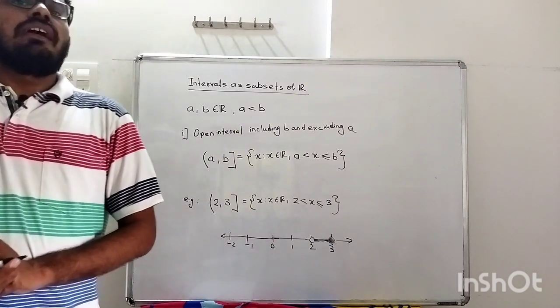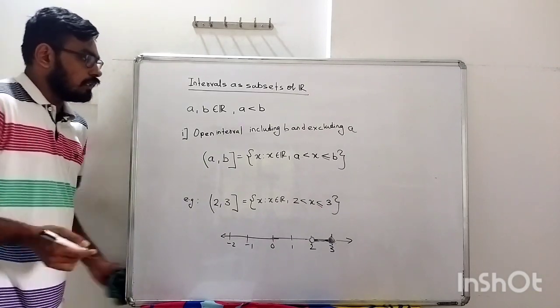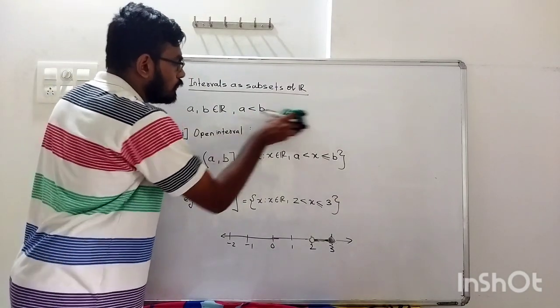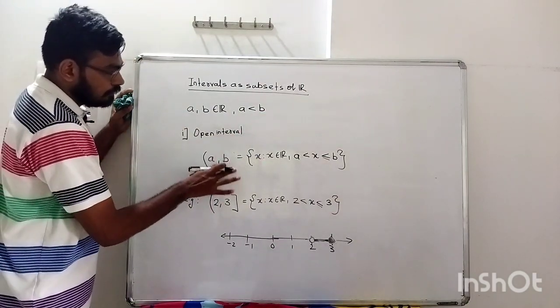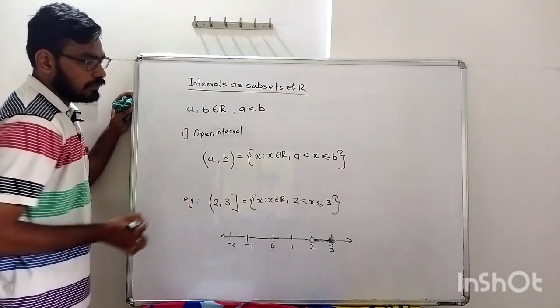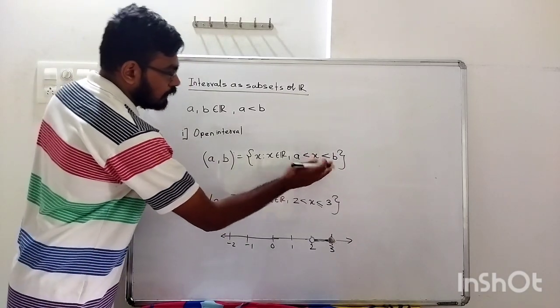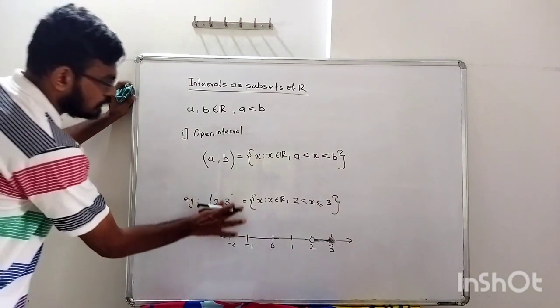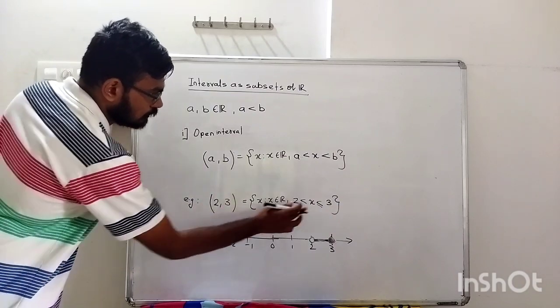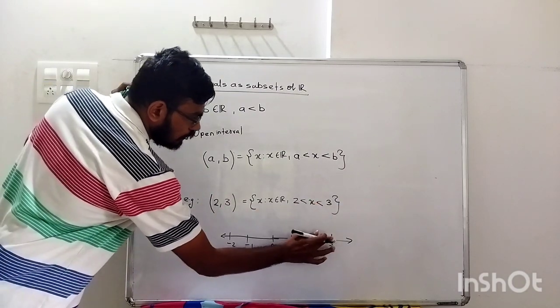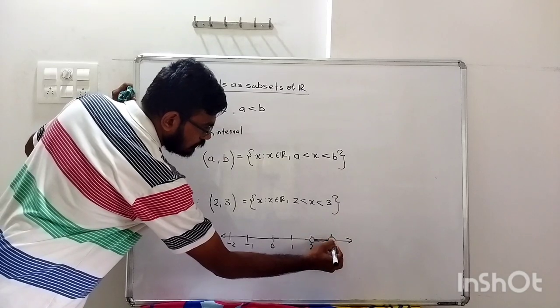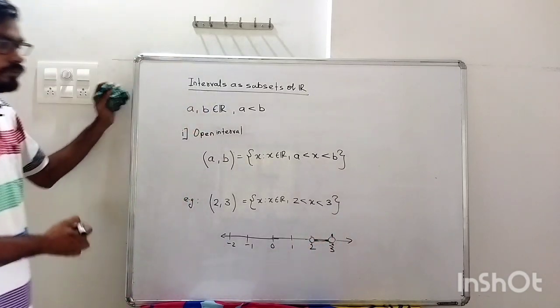Okay, and the last type is the open interval. We are excluding both. Like this, and we are excluding both here now. For example, this, and here we are making this also open.